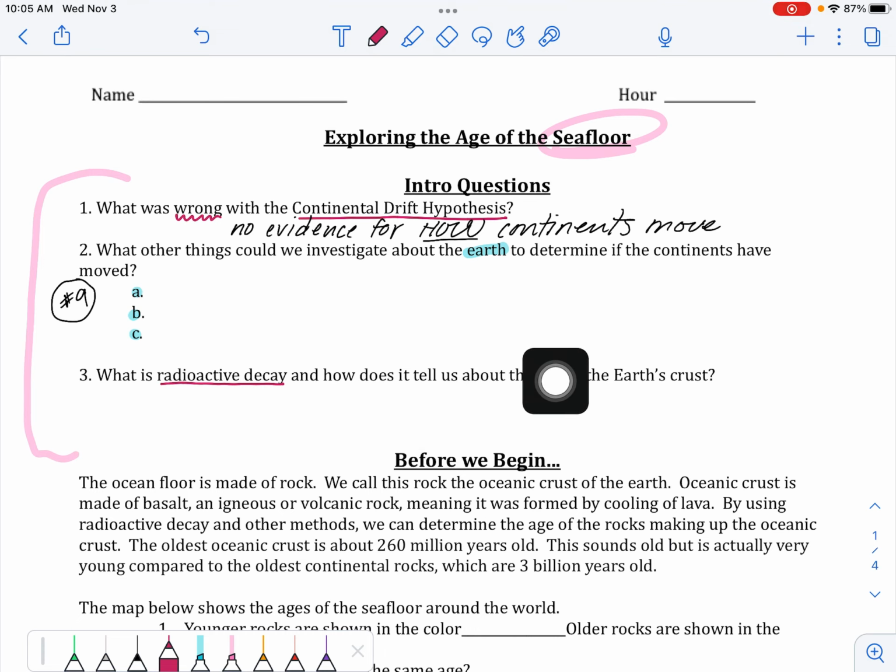Or we're figuring out the age of the crust by comparing the parent to the daughter material. And so I can figure out how long that rock has been, quote unquote, living or existing on Earth based on that comparison. So that's a key in our discussion today of where all these ages are coming from.